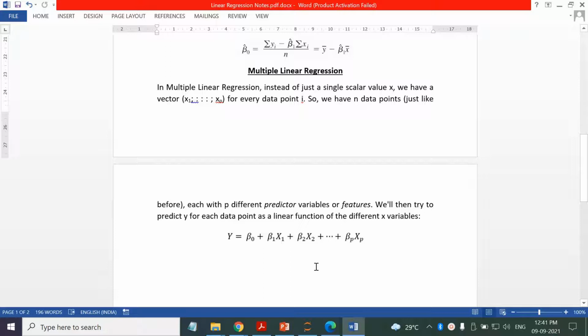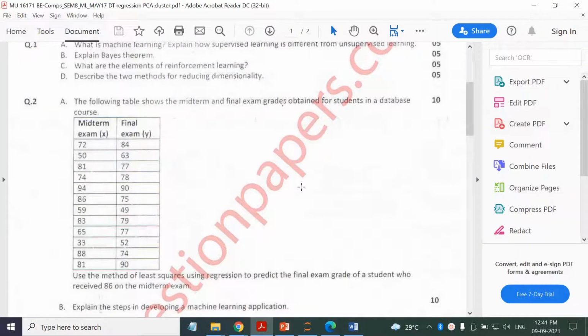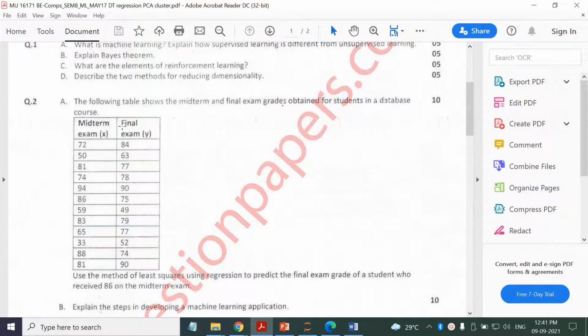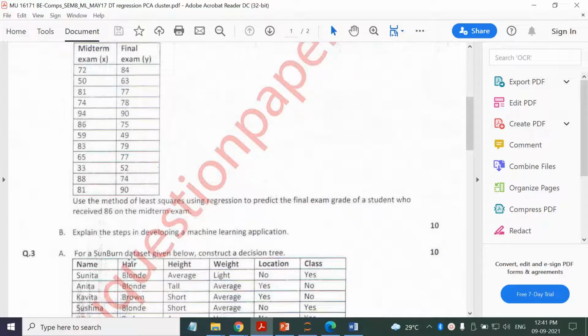Next I want to show you one question from a Mumbai University paper. See question number 2. The following data table shows midterm and final exam grades obtained by students in database scores. Use the method of least squares using regression to predict the final exam grade of a student who received 86 on the midterm exam.